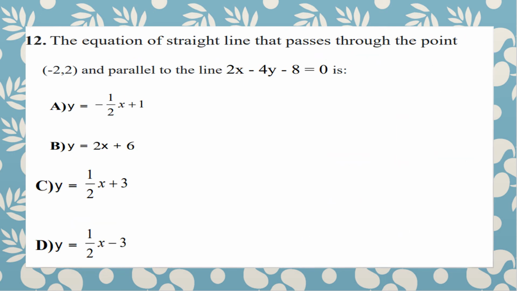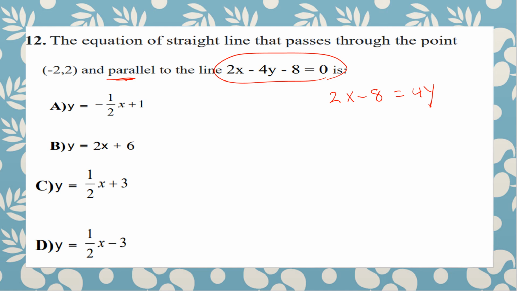Question 12. The equation of the straight line that passes through the point -2 and 2 and is parallel to the line 2x minus 4y minus 8 equals 0. We have to transform this equation into slope-intercept form. So 2x minus 8 equals 4y, and we only need y.